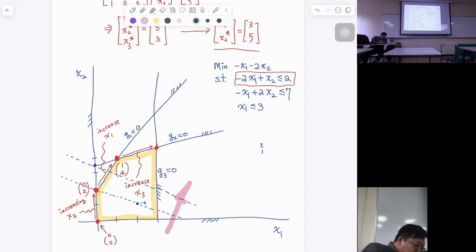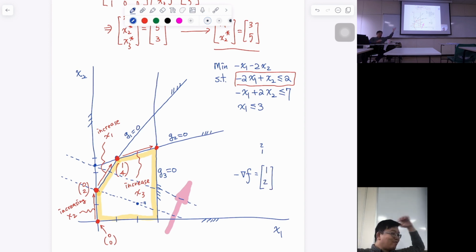This is the direction, if we take the negative gradient. If you look at our objective function f, if I take the gradient, the negative gradient is going to be 1 and 2.